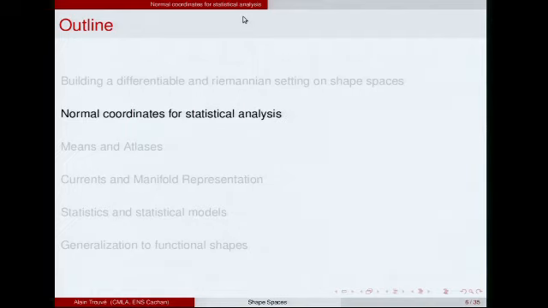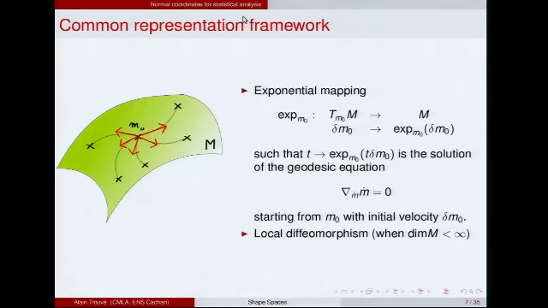So now we have some nice way to build metrics on this M space. So the idea is that to do statistical analysis, we can say that if you have a bunch of objects like this, you have a template, and you can use the exponential mapping coming from the Riemannian structure you have defined. So you can define what the exponential mapping is.